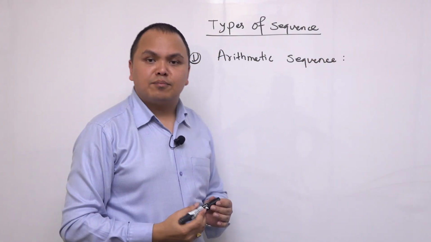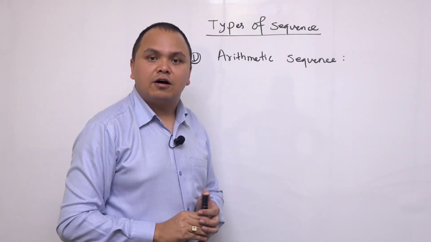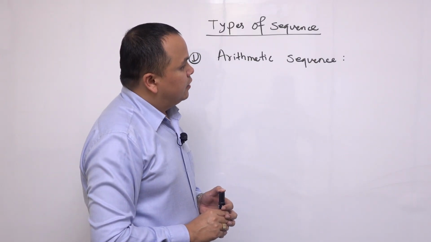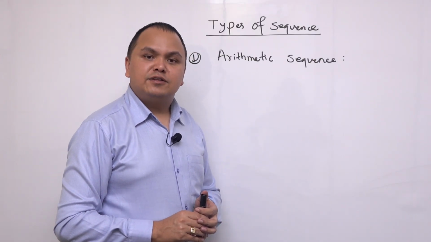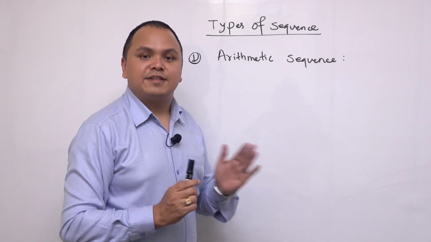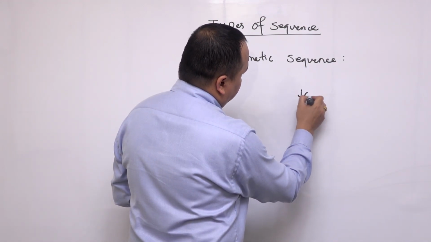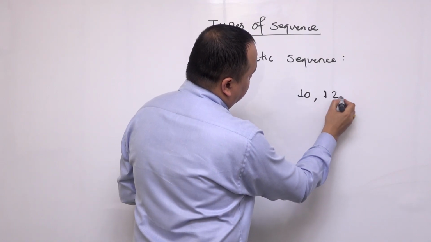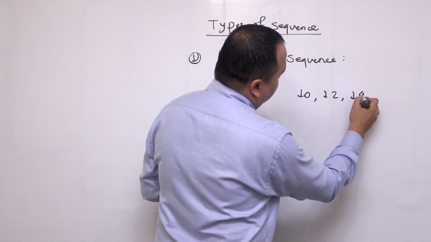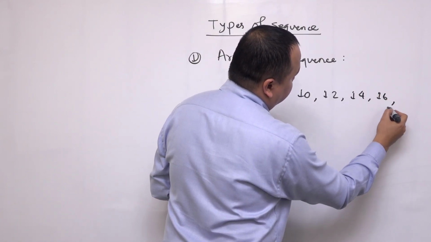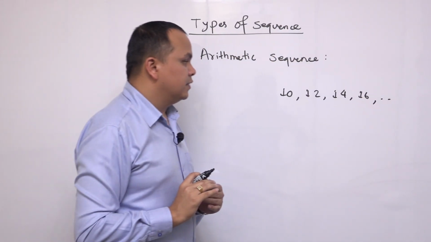A sequence of numbers is said to be arithmetic if the difference between any two successive terms is always the same. The example: 10, 12, 14, 16, and so on.